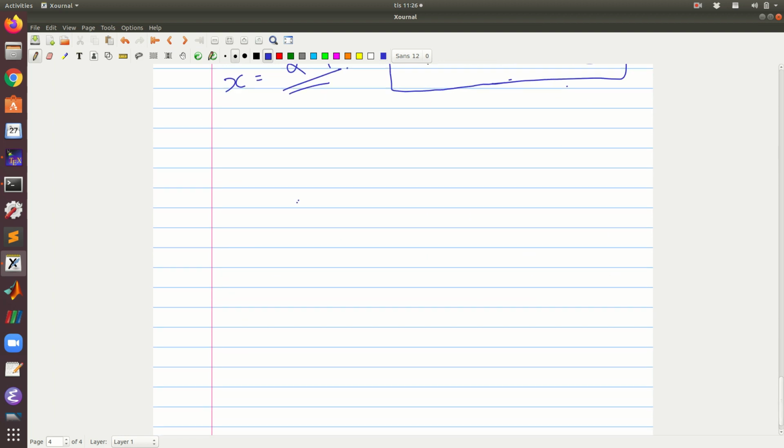Maybe we can say that we can write it as a single matrix multiplication by saying Ax equals b. Of course, this is n by n, and then this is n by 1, and then this is n by 1, whose solution x is going to be given by A inverse times b.